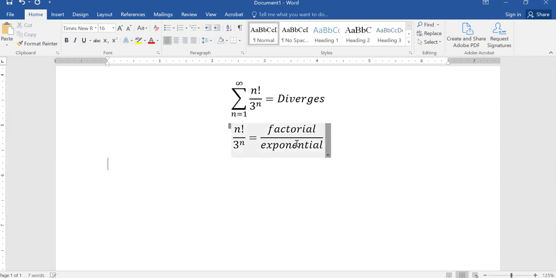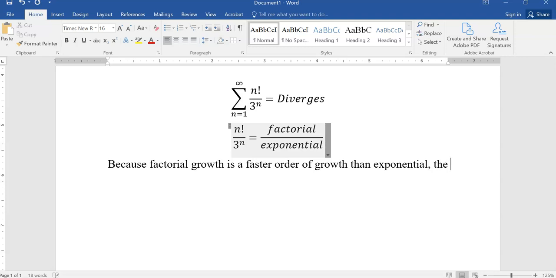So because factorial growth is a faster order of growth than exponential, the top is going to, again, I'm going to say dominate, meaning it's going to take over.